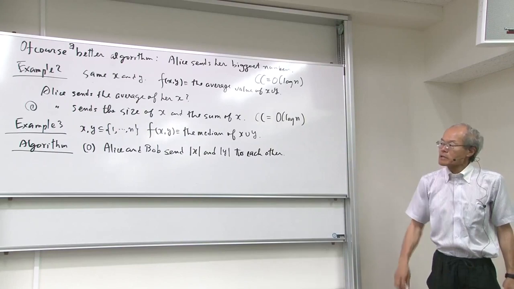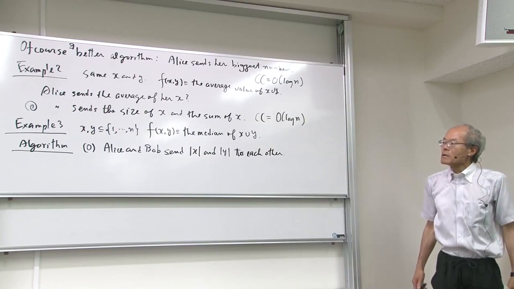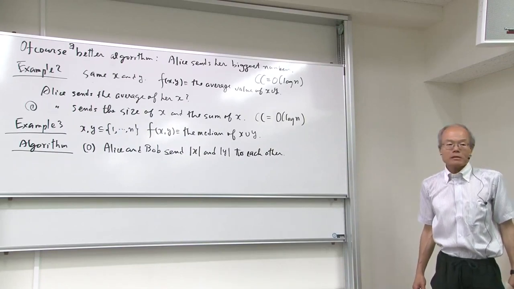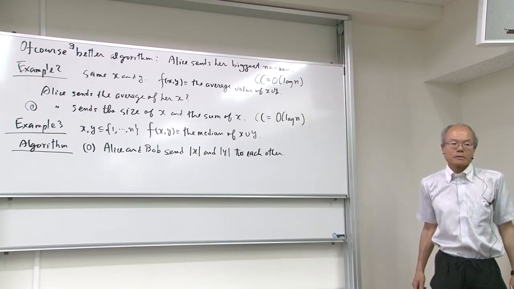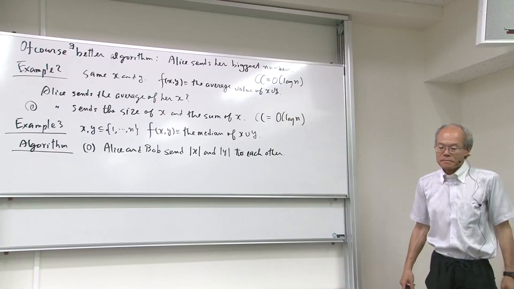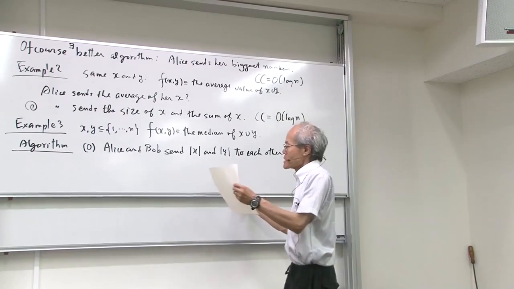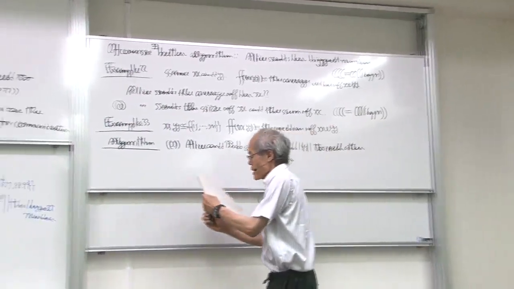So in that case, Alice sends 4 to Bob, and Bob sends 3 to Alice. Just the size of the inputs. Okay, this is a preparation. Now the main part of the algorithm, step 1.